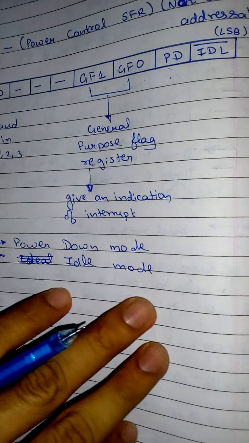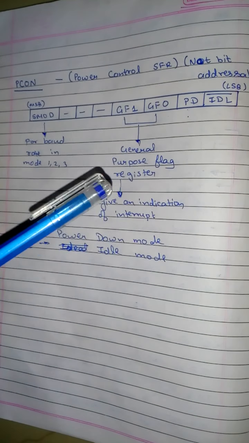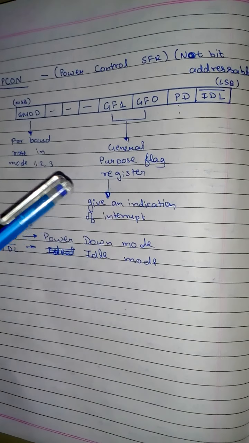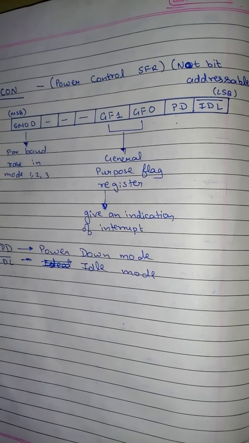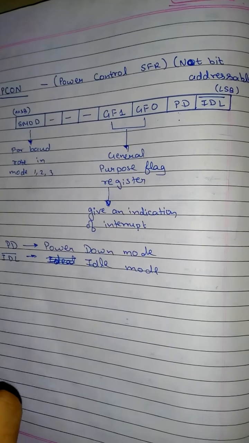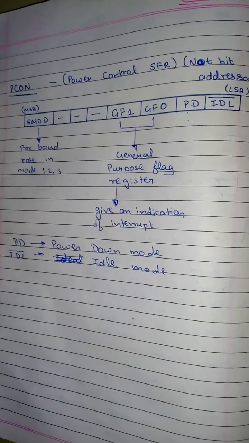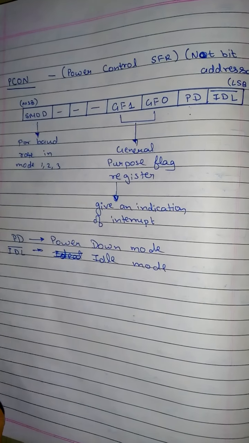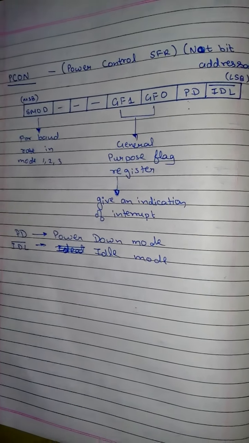Now, what exactly is the difference between power down mode and idle mode? In idle mode, the oscillator, that is the crystal oscillator, is still running. Also the RAM, the timer and the interrupts are all running as long as VCC, that is the power supply, is high.